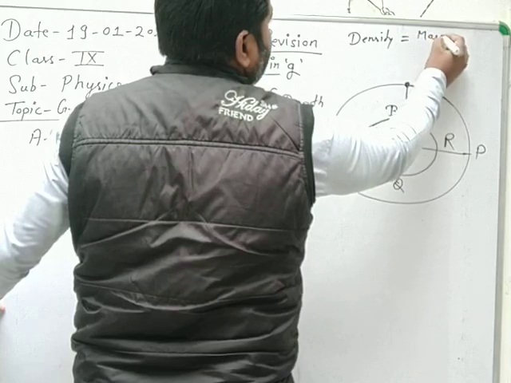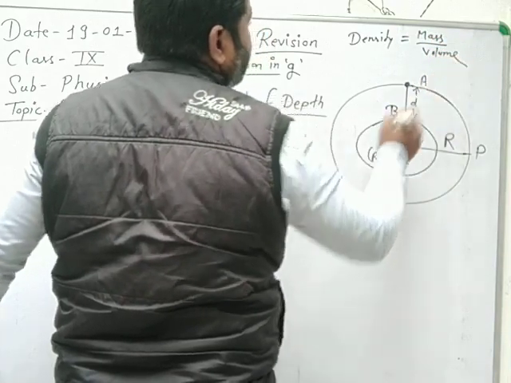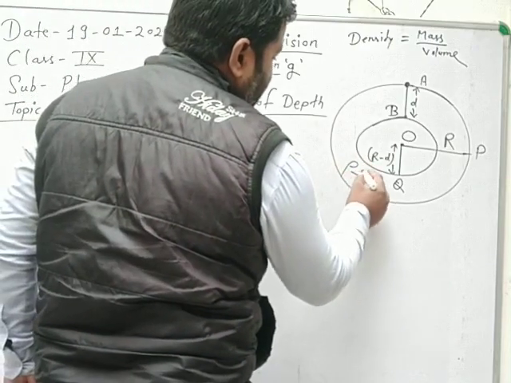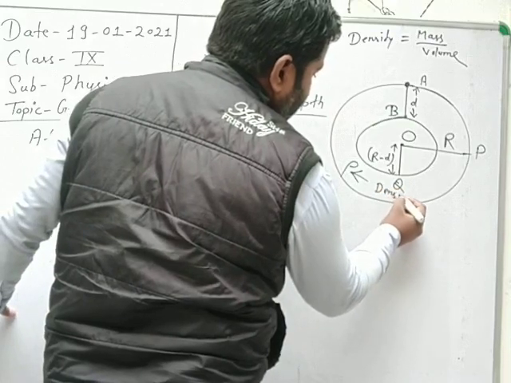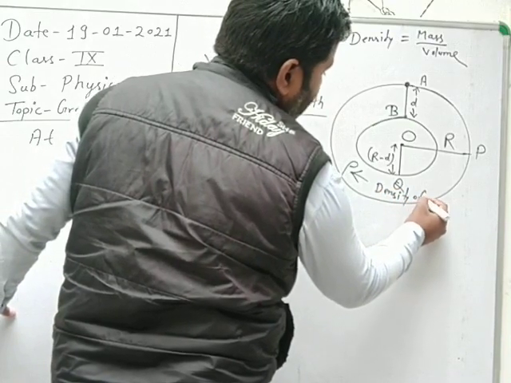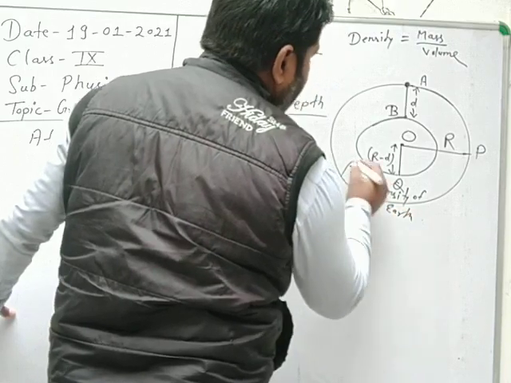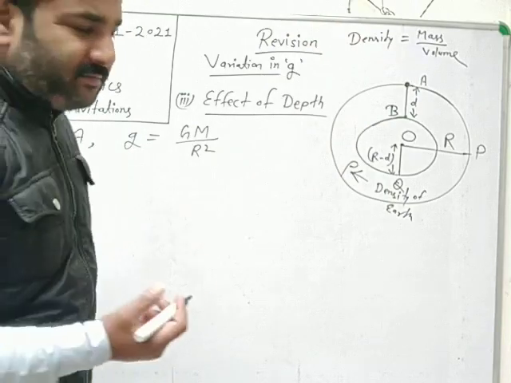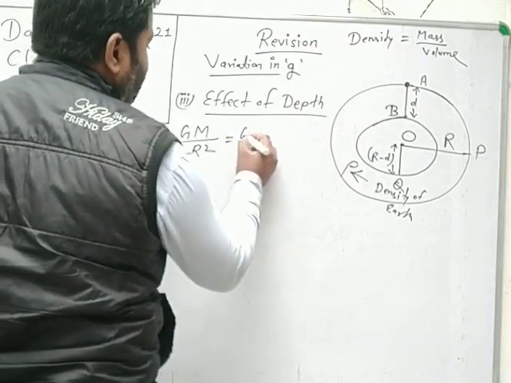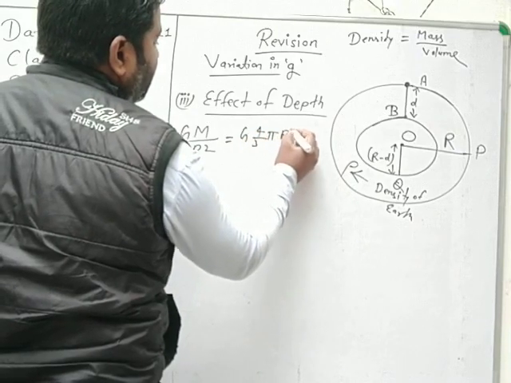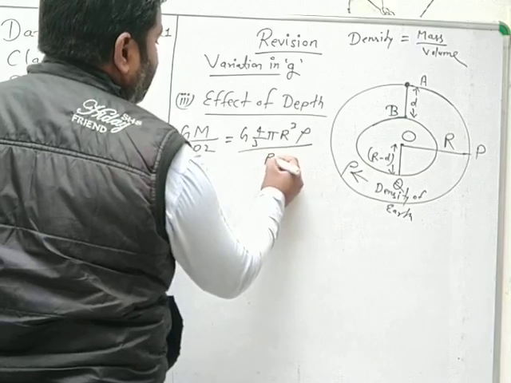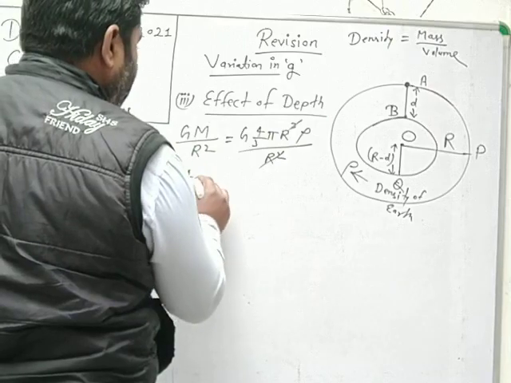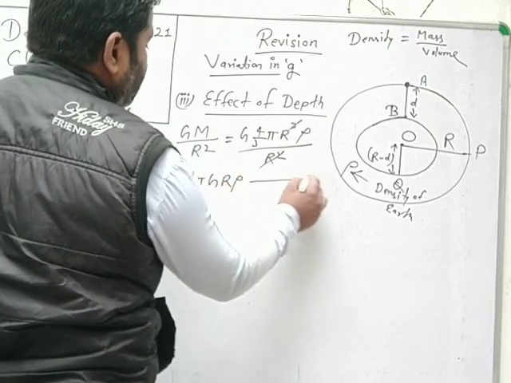Density is equal to mass upon volume. If rho is the uniform density of Earth, then mass is equal to density into volume. Volume of a spherical shape having radius r is 4 by 3 pi r cube, so g equals G times 4 by 3 pi r cube rho over r square. Then r square cancels out. Then g is equal to 4 by 3 pi G r rho, equation number 1.